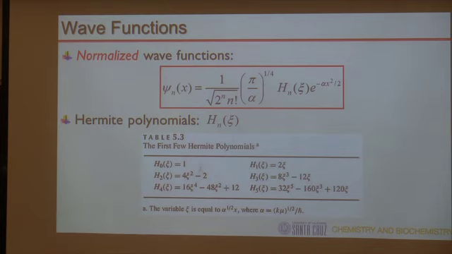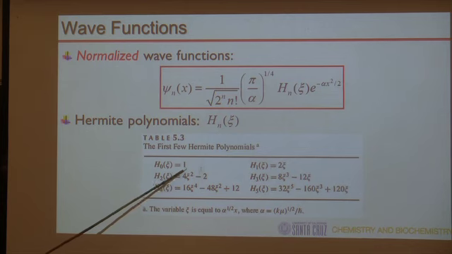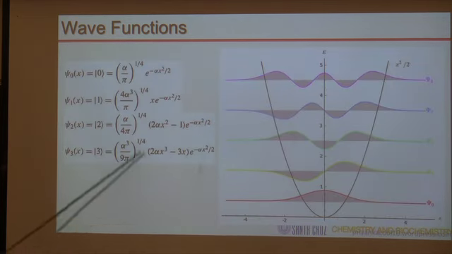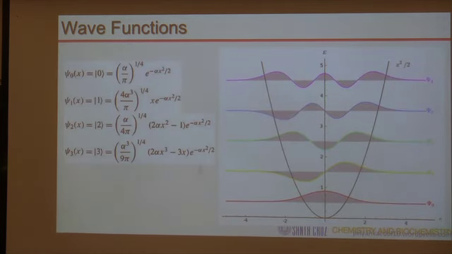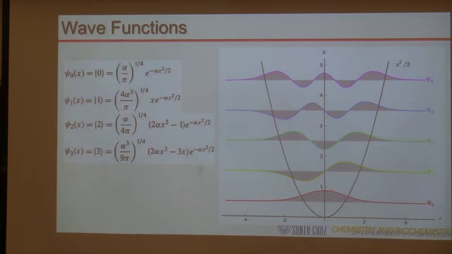What is the n value for the ground state? 0. So to get the ground state wave function, we plug in n equals 0, and we get the first polynomial, which is simply 1. It's pretty simple. This shows you the first 4 wave functions for a harmonic oscillator.